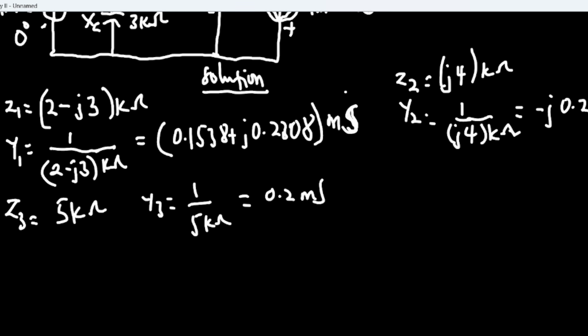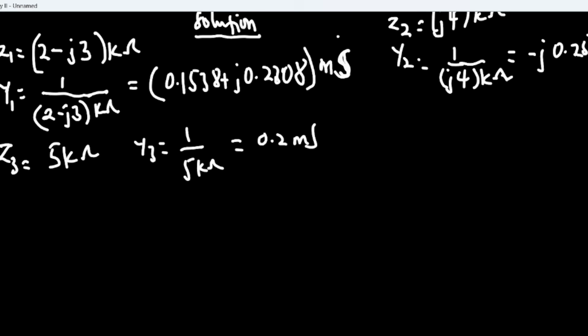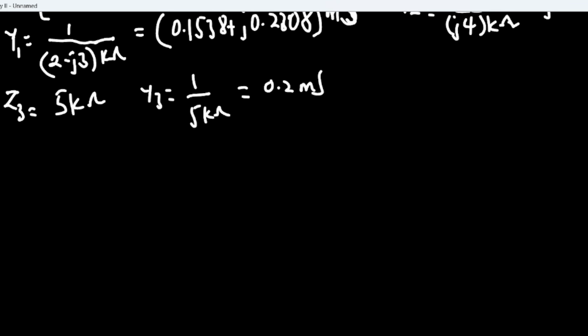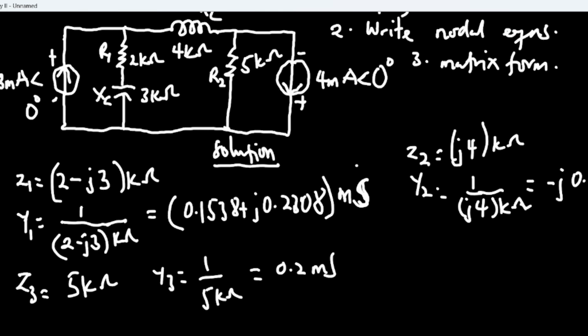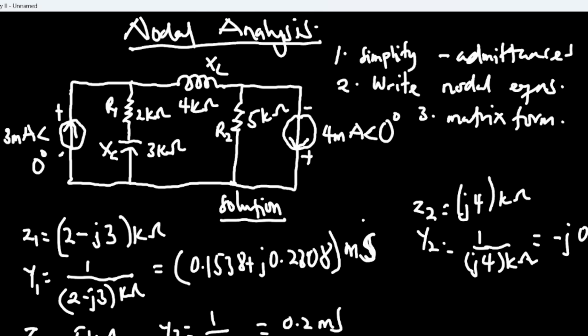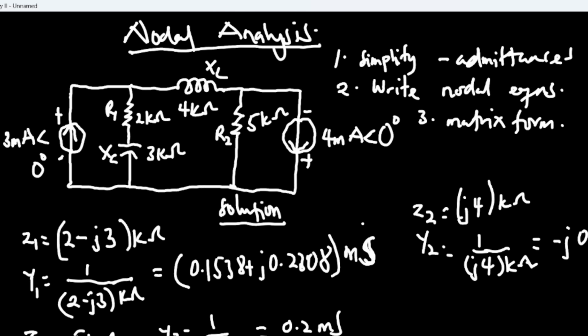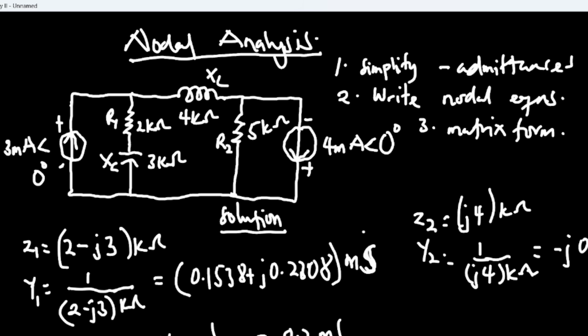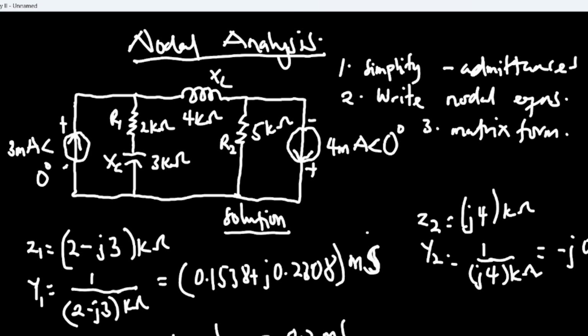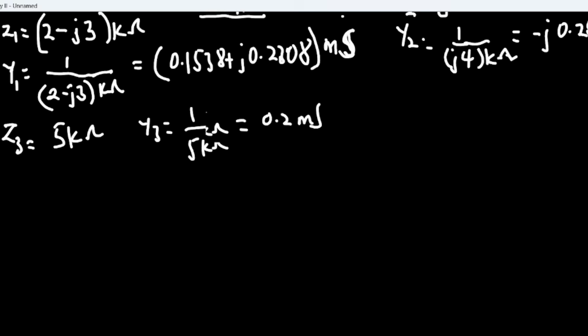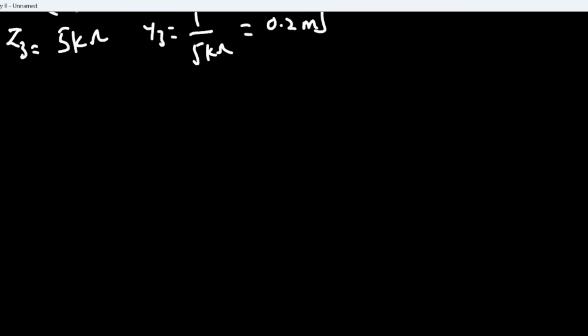So we are going to simplify the circuit. Now let's look at it very carefully. Our current source is 3 milliamps, this branch is replaced with Y1, that branch is represented by Y2, and this last branch is represented by Y3 with this current source on the right side. Hence, we get this.